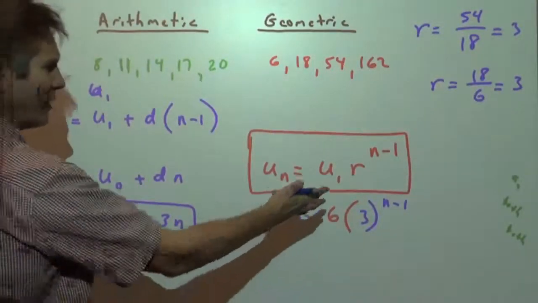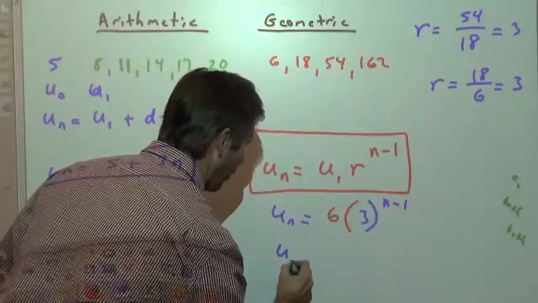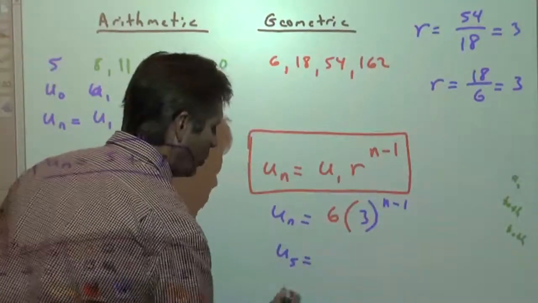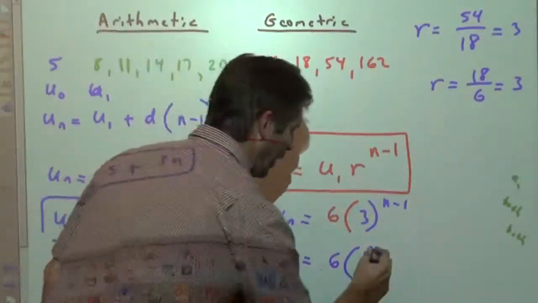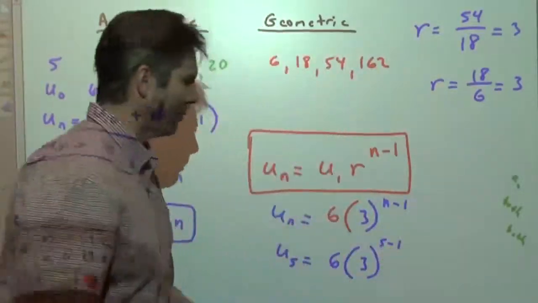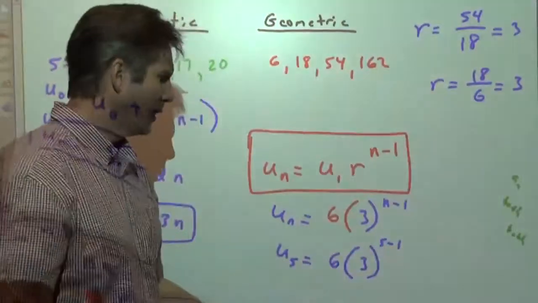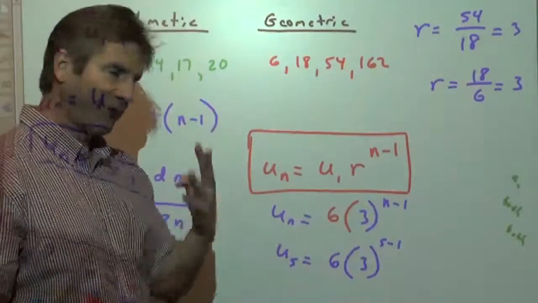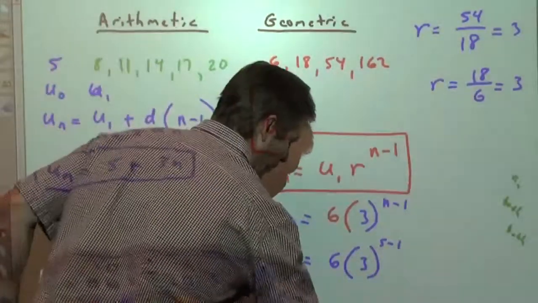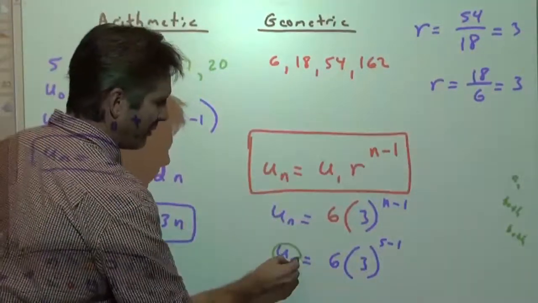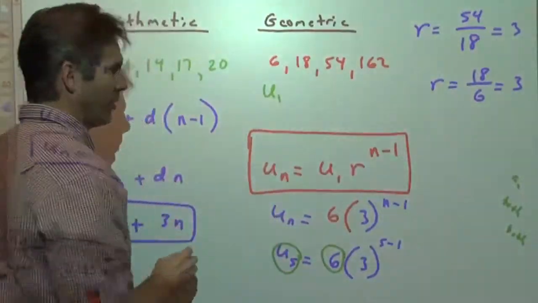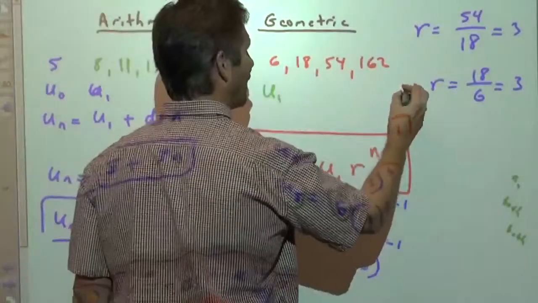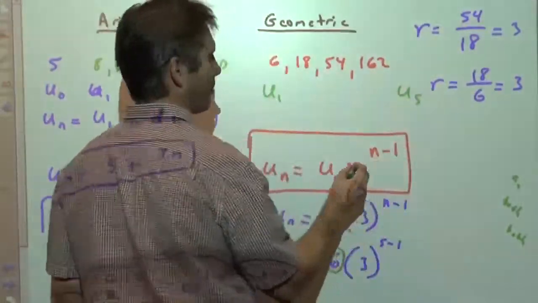So we can go ahead and use that. Let's say we wanted to find the 5th term, we could take the first term, multiply it by 3, raised to the 5 minus 1 power. 5 minus 1 is 4, so we'll multiply by the 3 4 times, which should make all the sense in the world. If you're going to the 5th term and you're starting at the first term, then here's the first term. What does it take to get us to the 5th term?